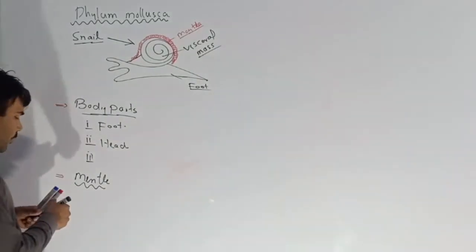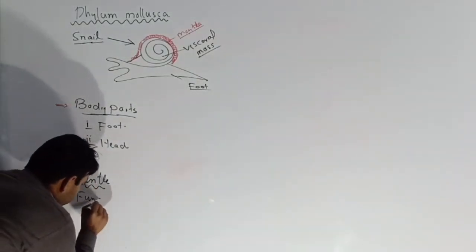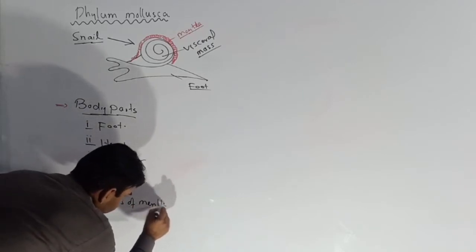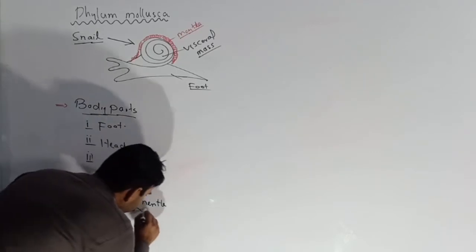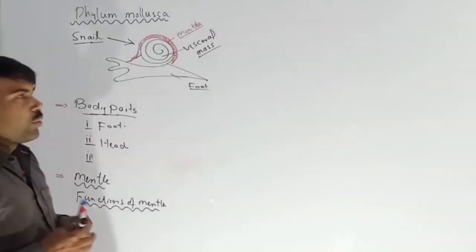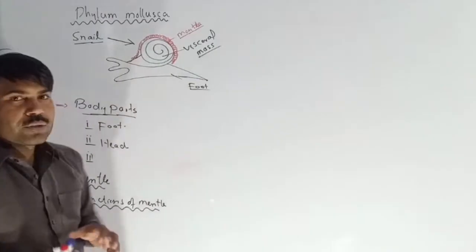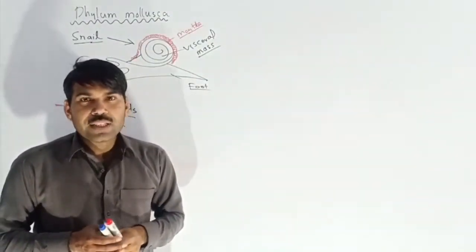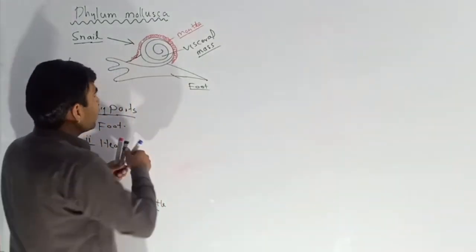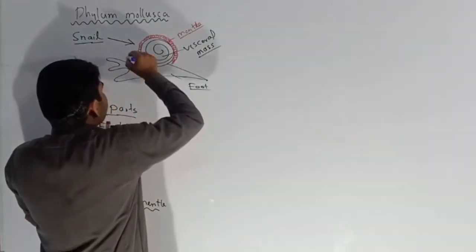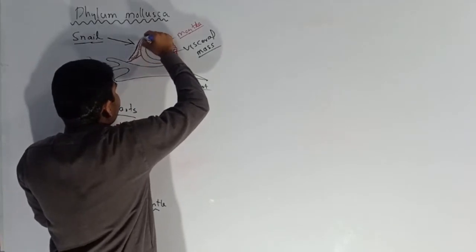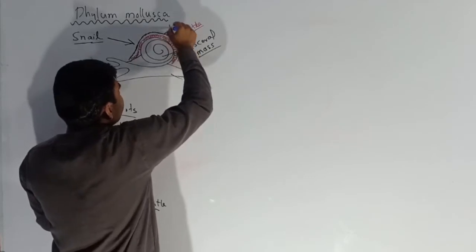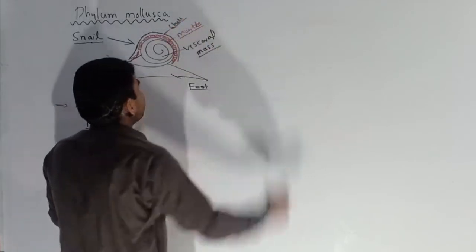Now we are going to discuss the functions of the mantle. We know that the body of a snail is also covered by calcareous material, and that calcareous material is known as shell. So we can write here that this is a shell.